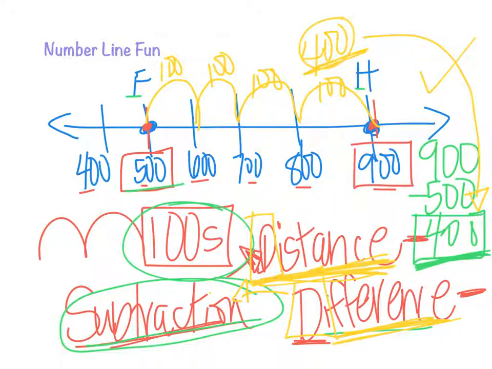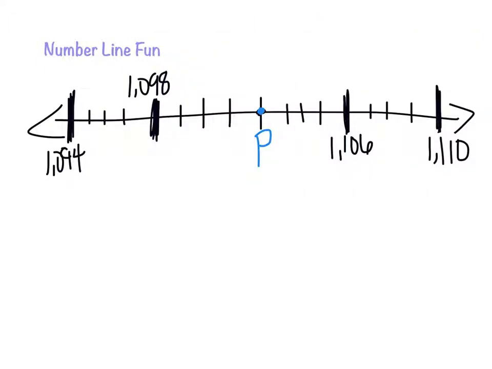Okay, let's try another one. Okay, let's take a look at this number line. So make sure you draw this one inside of your math journal, but you have to be very careful when you draw it, because there's a lot of notches on this number line.